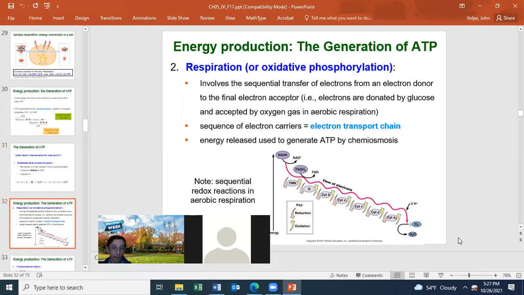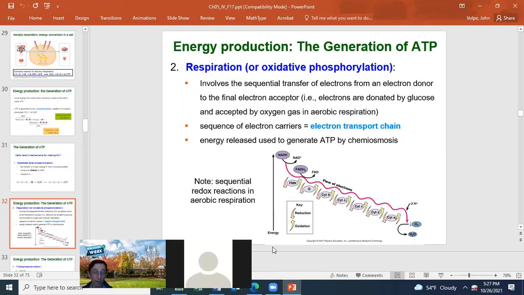The second way that cells can generate ATP is by respiration. You could also call this oxidative phosphorylation, but I'm going to just use the term respiration. Respiration involves the sequential transfer of electrons from an electron donor molecule like glucose to a final electron acceptor like oxygen.